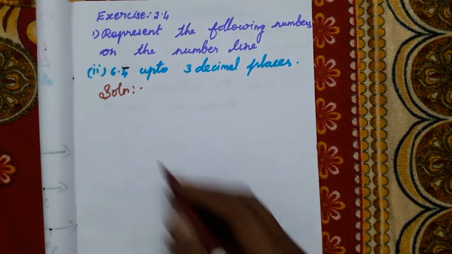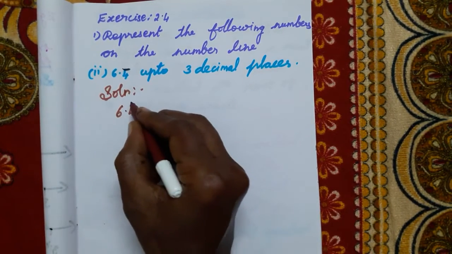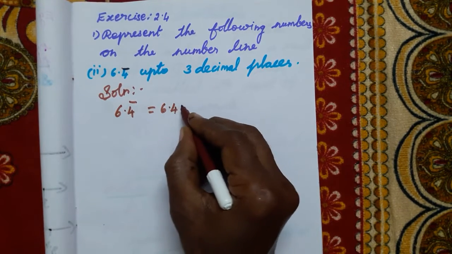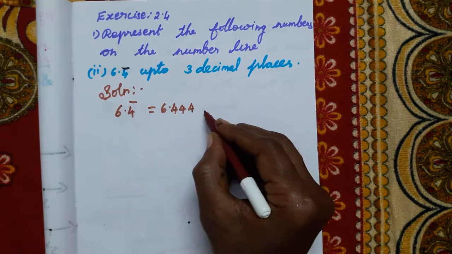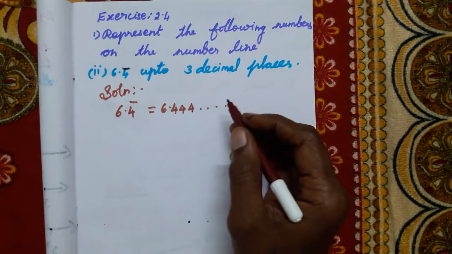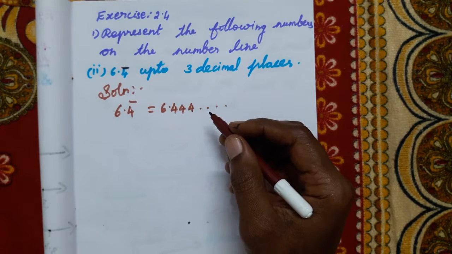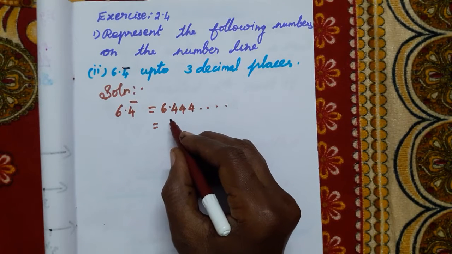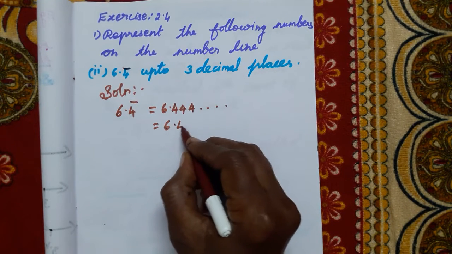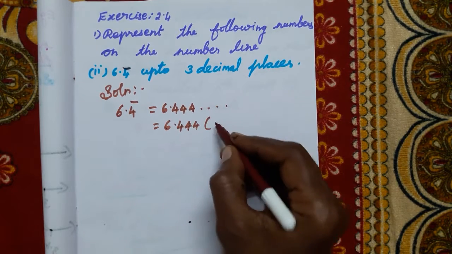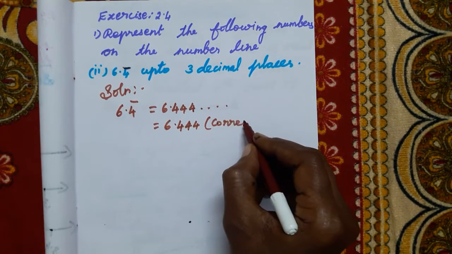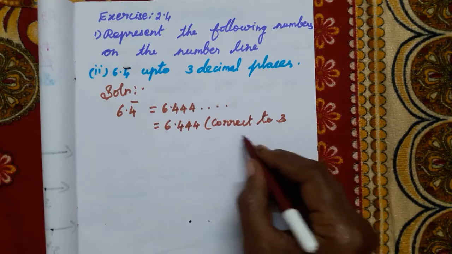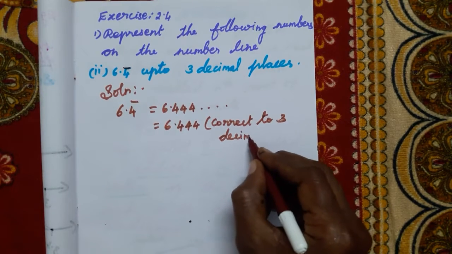So 6.444 is correct to 3 decimal places.